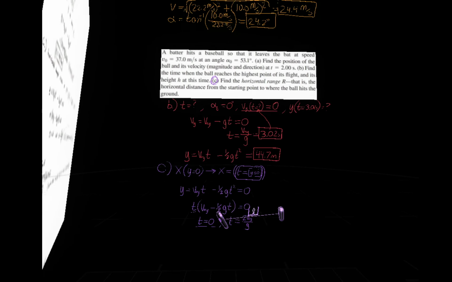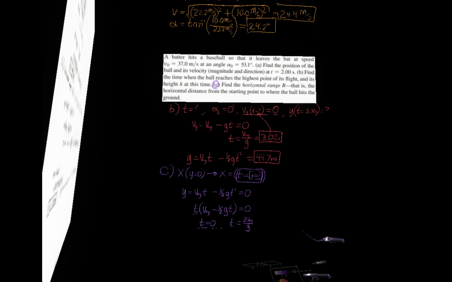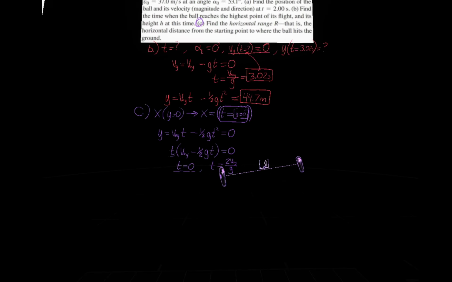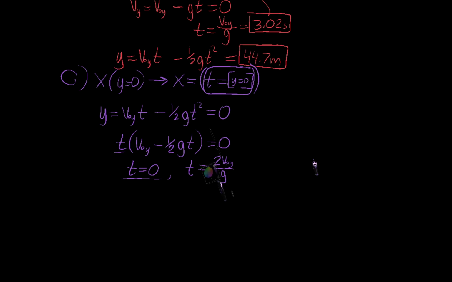But look, over here, v naught y over g was 3.02 seconds. So this is just twice that. Twice the time that it was at the top. So this is 2 times the highest point, t at peak.